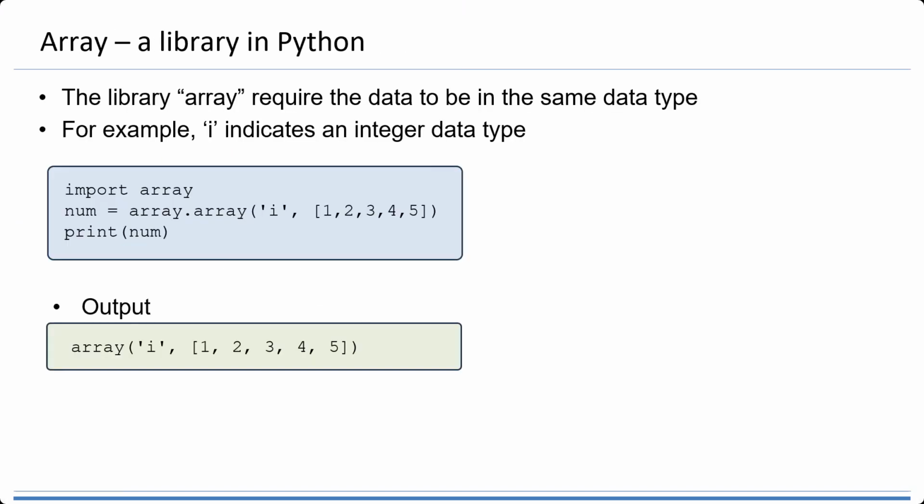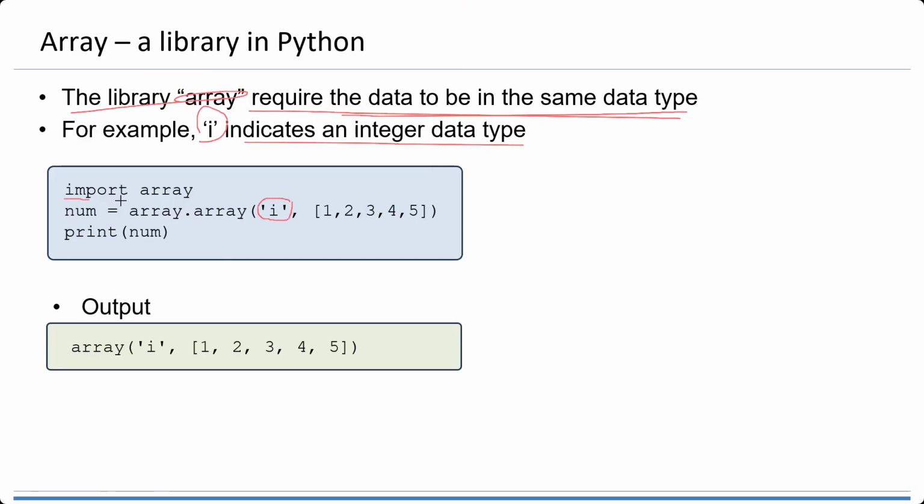Arrays in Python: actually, you can use another kind of library, we have a library called array. When you use the library array, the data should be in the same data type. It requires the data to be in the same data type. For example, I indicates the integer data type.